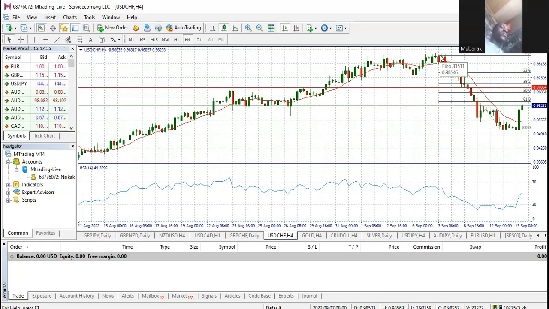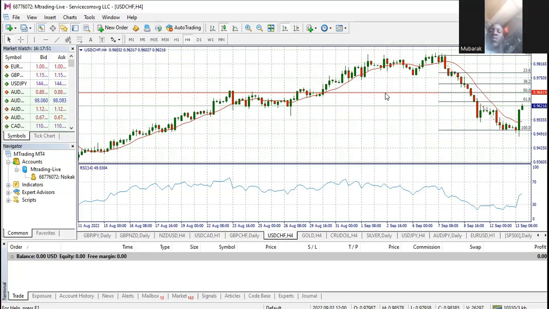By the time it gets to the 50 mark, so between this 50 and 38.2, it should come to the end of the move. That's the bearish move, and it starts going bullish around this region at most. And then the bullish move should end and start going bearish.